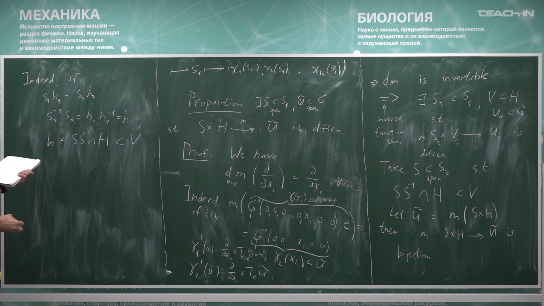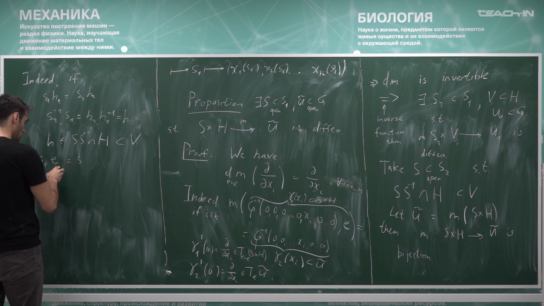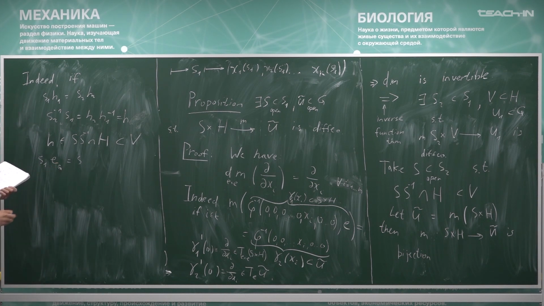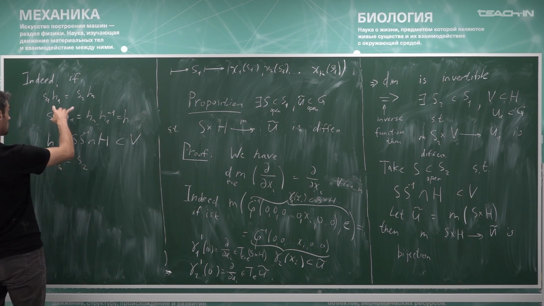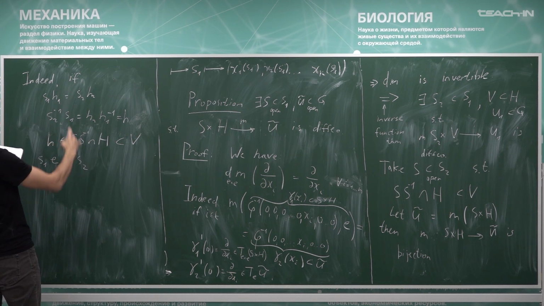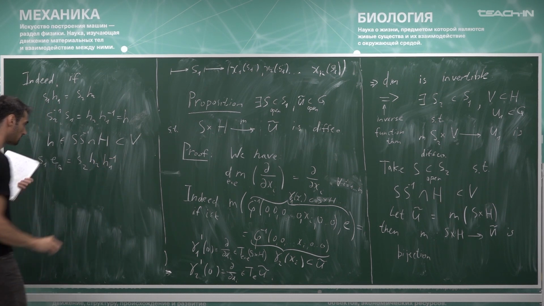And on the other hand, we have S1 times E, where E is the identity in G, equals S2 times H2 H1 inverse.